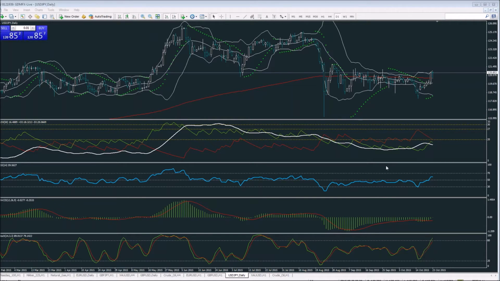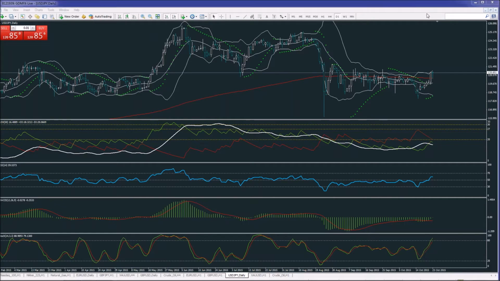Now, why am I saying day trading or swing trading? It is imperative to notice that the yen itself is within a very tight range of about 250 pips, which leaves little room for a direction for the past 52 days.